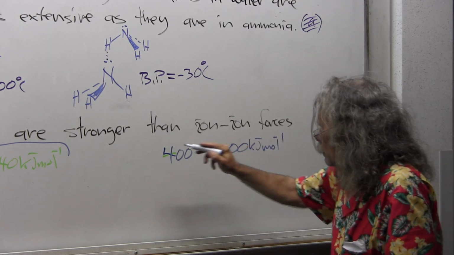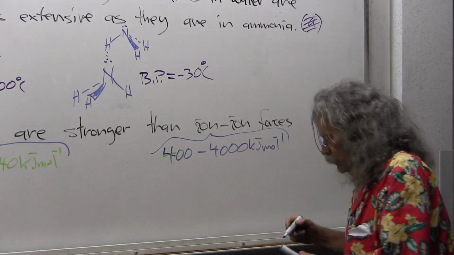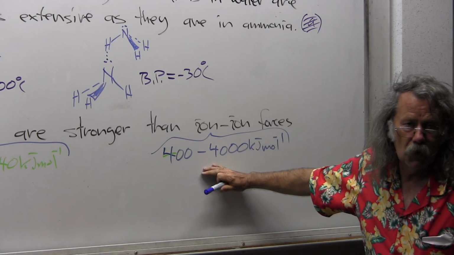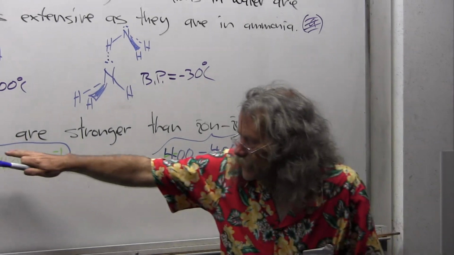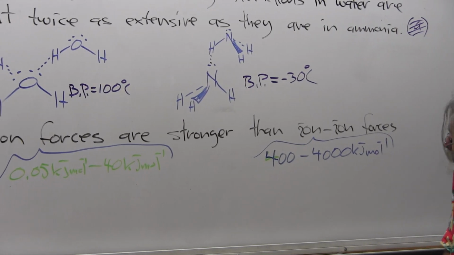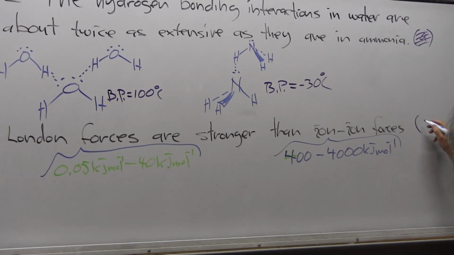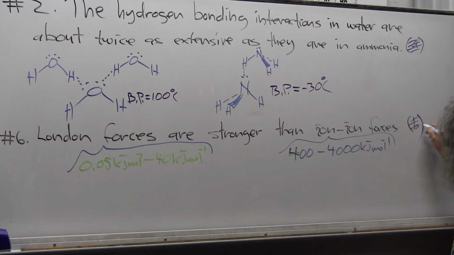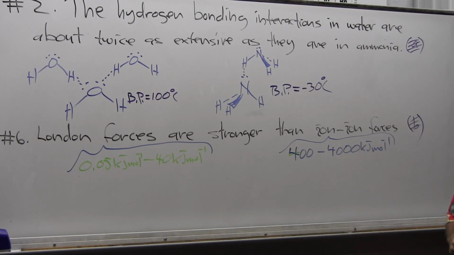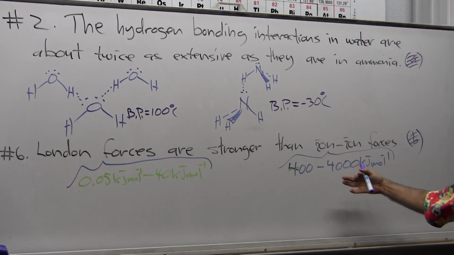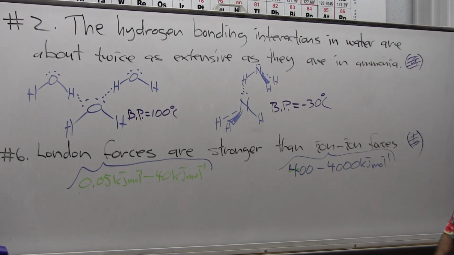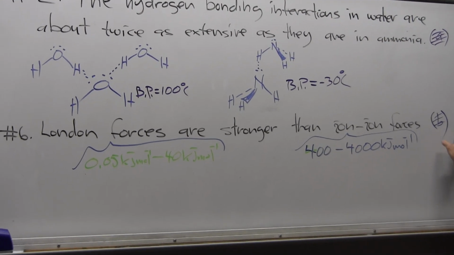So the magnitude of ion-ion forces, a bonding interaction, is much, much greater than the weakest of the intermolecular forces. So this is clearly false. You probably knew that already, but just in case, your intuition was sound as a pound. This is not larger than this. So this is clearly false.